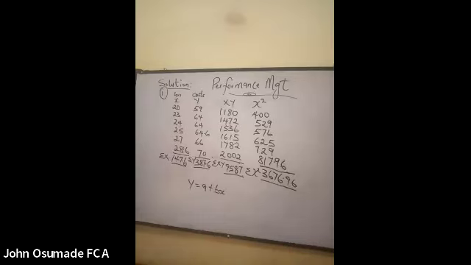That is, we multiply summation X twice: 147.6 multiplied by 147.6.